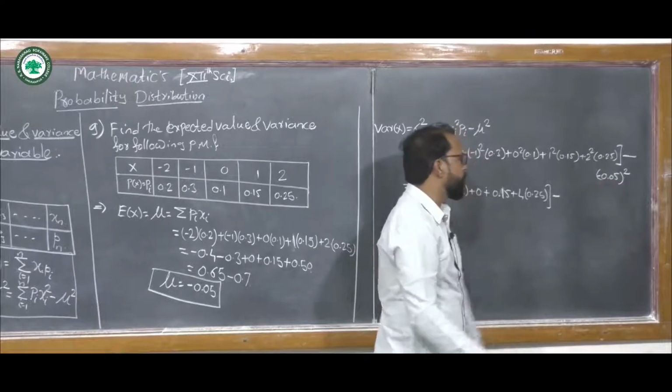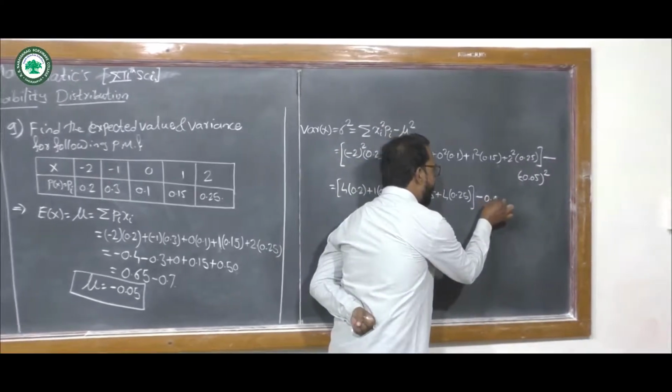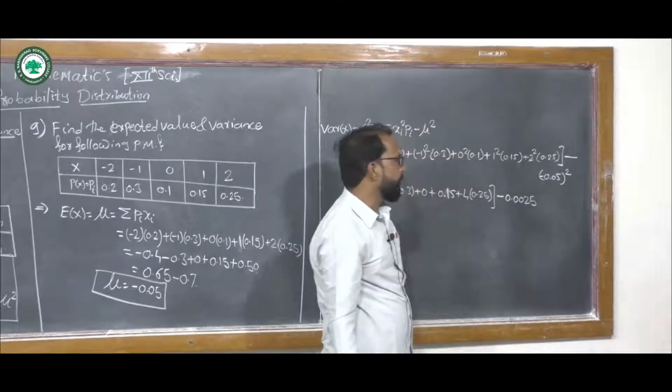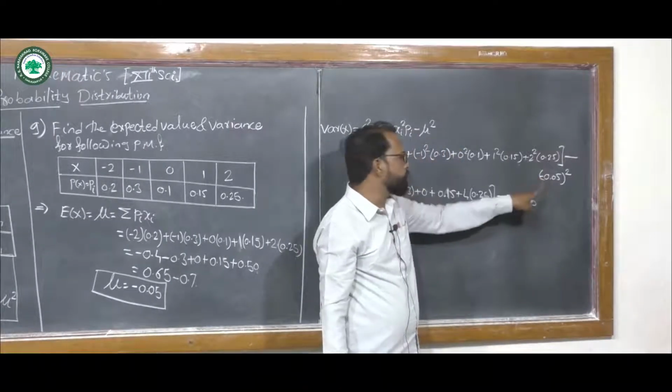The square of minus 0.05 is 0.0025. The square of a negative number is positive, so it becomes minus 0.0025.